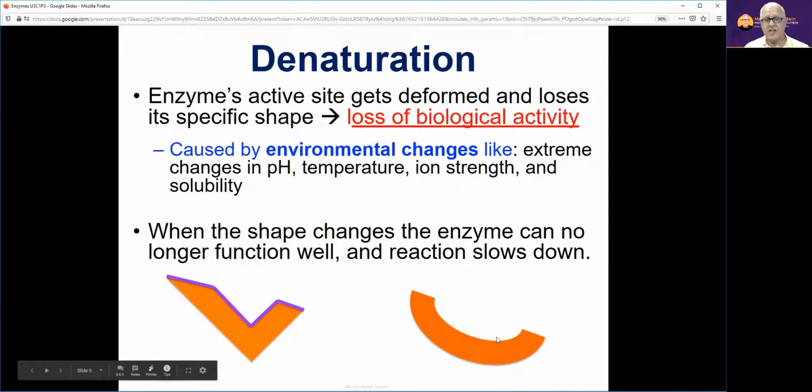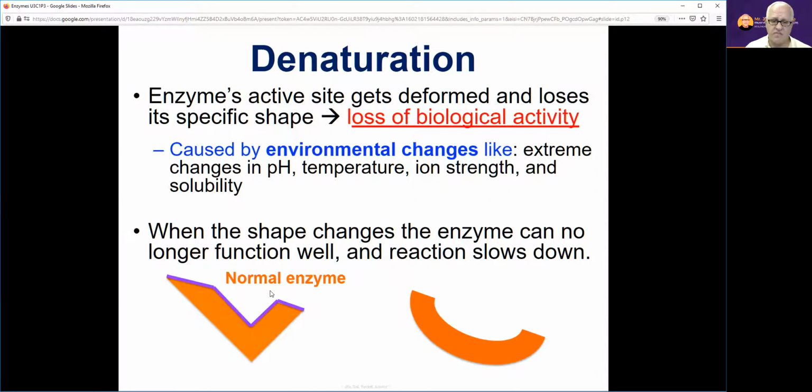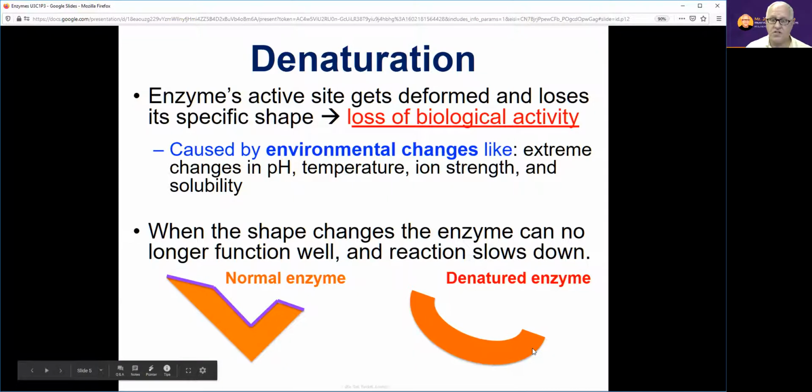And if it can't get the full enzyme shape, it won't be able to create that reaction as quickly, or it loses biological activity. So here's our normal enzyme, and here's our denatured enzyme. And we're going to use these illustrations on your assignments and your exams, so pay attention to them.